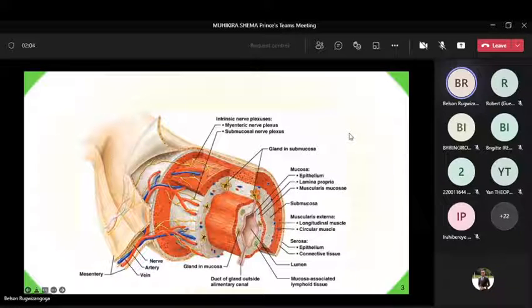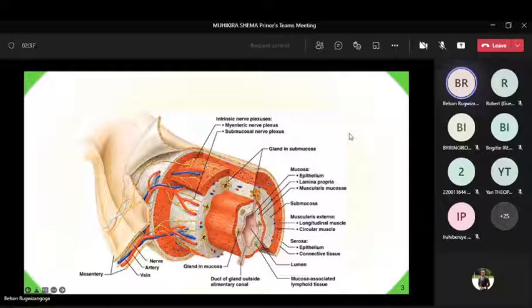The lumen is lined by a mucosa, and the mucosa in most of these organs is glandular because it has secretory cells, except the mid and the upper esophagus, which are lined by squamous epithelium.